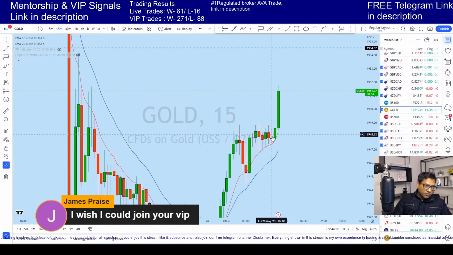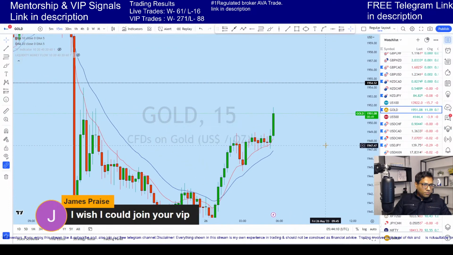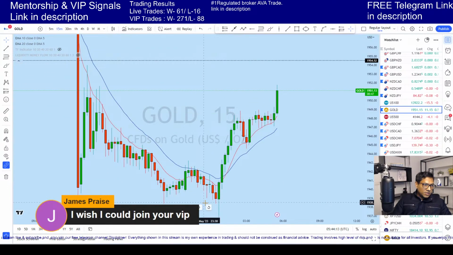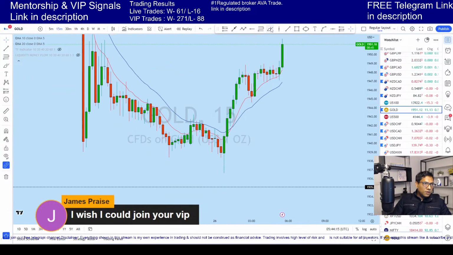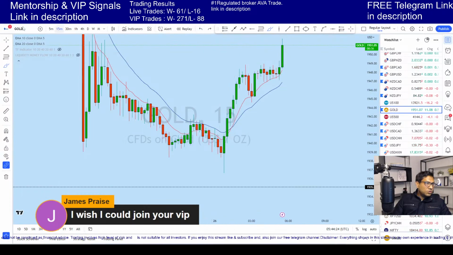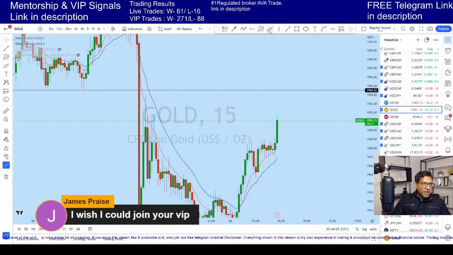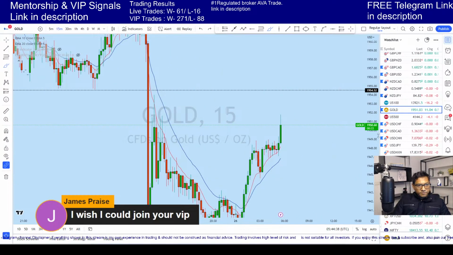I just missed that trade, but that's fine, we will have more. As you can see, the market with this liquidity grab on the 15 minutes created this impulse, correction, consolidated, grabbed liquidity, and has formed another impulse to the upside on gold. I think the price highly likely will reach that level, test this previous support as a resistance, and then we can expect gold to come back again.